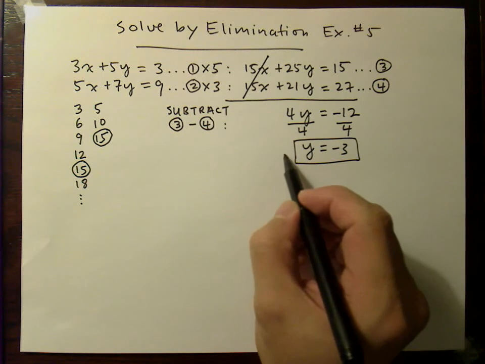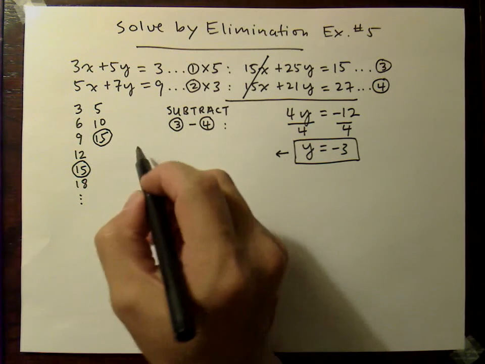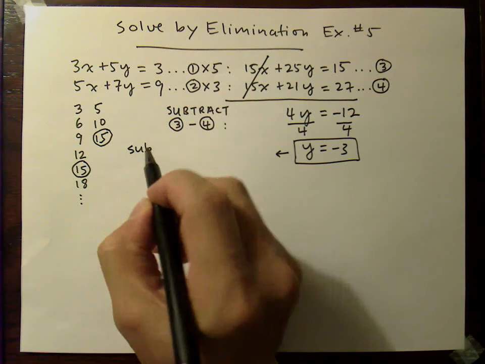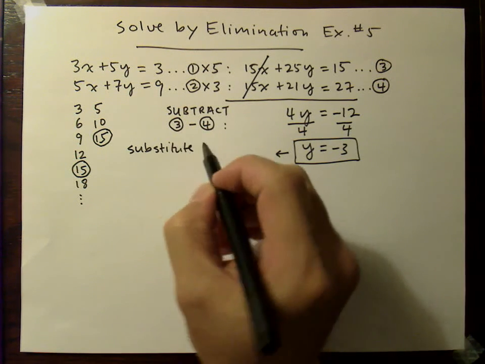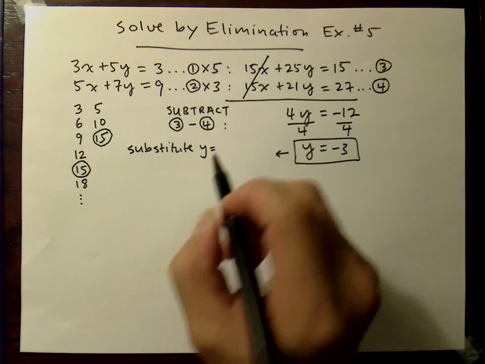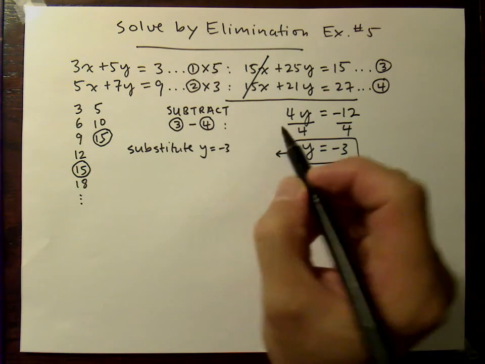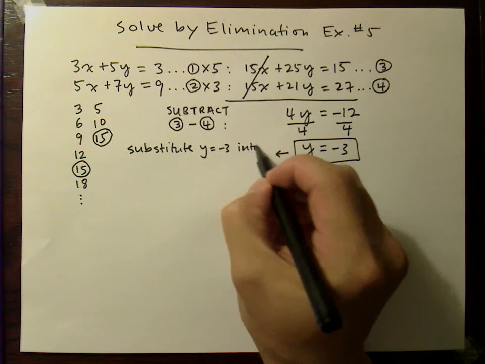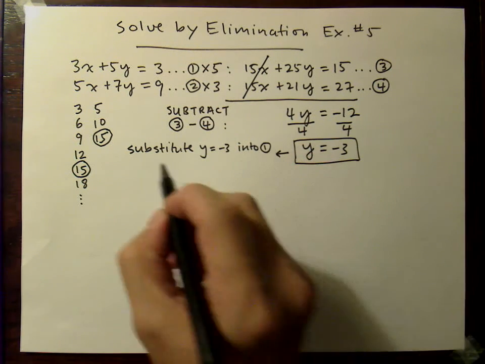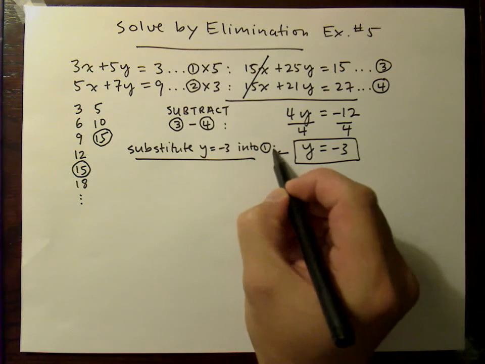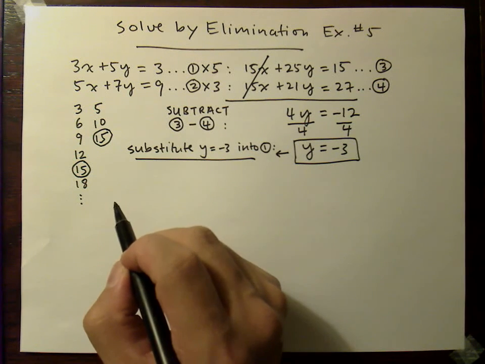In order to find the x value, we're going to substitute this answer for y. We're going to substitute y equals negative 3 into one of our previous equations. It won't matter which equation you choose, they'll all lead to the same value of x.